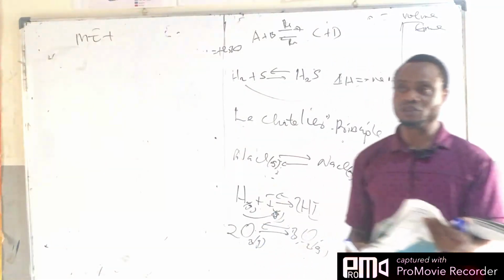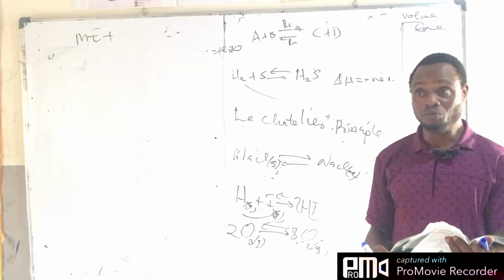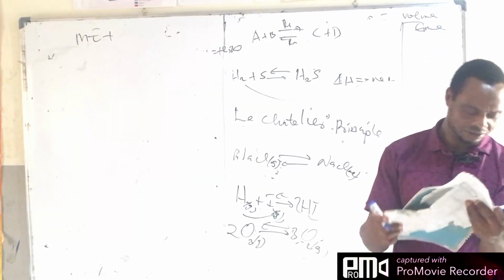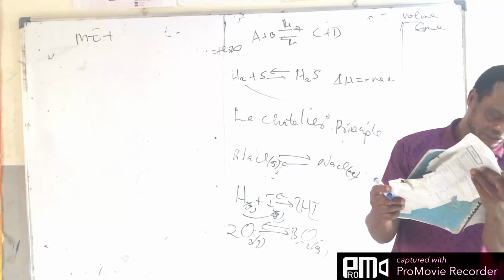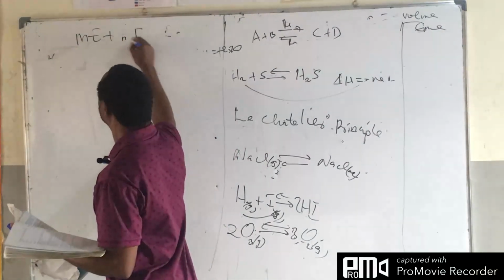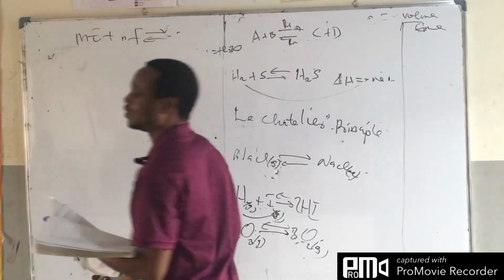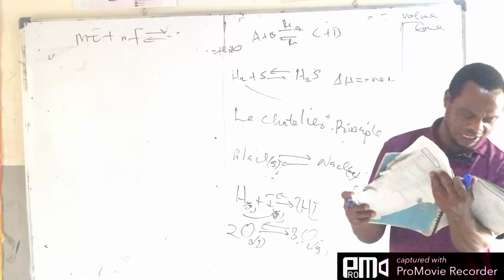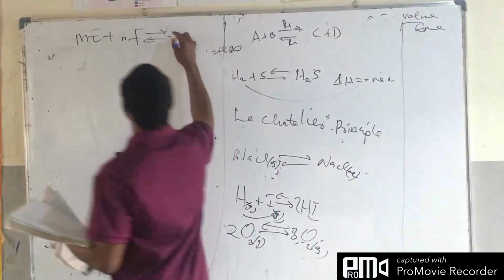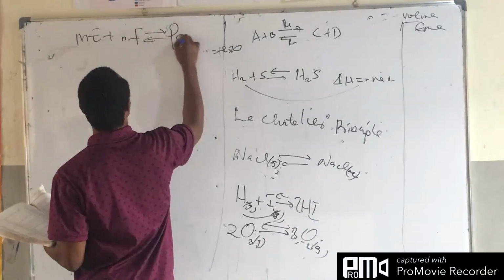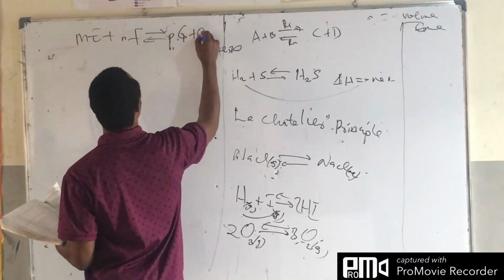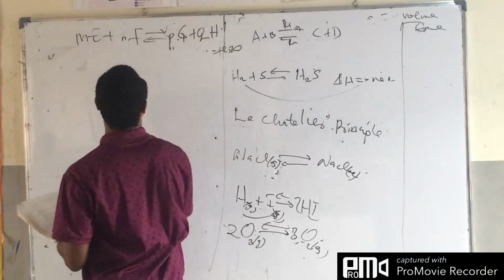That m stands for the number of moles of E, the reacting species. Small p, G plus q, H.